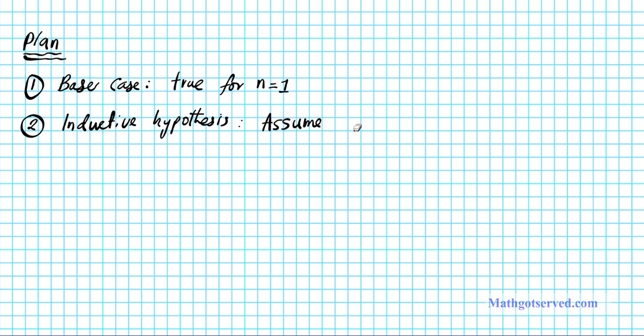In this problem, since k is already going to be part of the problem, I'm going to assume that the statement n equals, how about we use m? n equals m is true, for some m in the set of natural numbers.